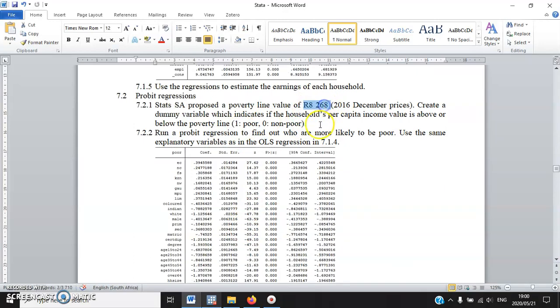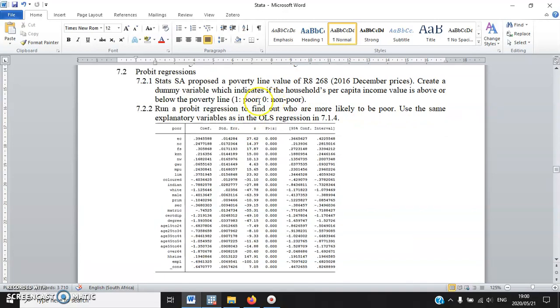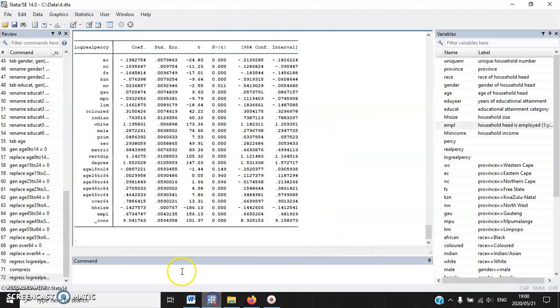So this is the poverty line, 8268. So if your earnings is above or below, let's say, 1 stands for poor, 0 stands for non-poor. So let's generate this poor dummy. So first of all, I assume everyone is not poor.